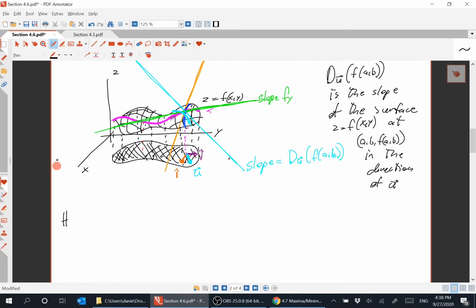Okay? So how do we calculate the directional derivative?